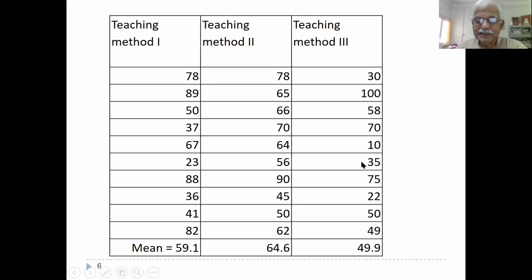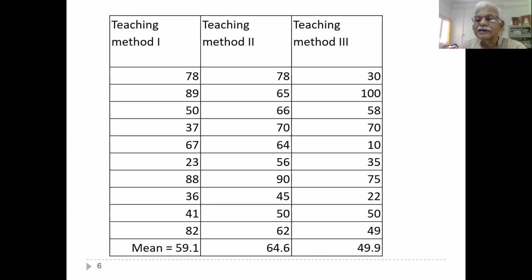Now you see that as such, method 2 leads to the highest score, 64.6. The mean value of these 10 on whom teaching method 2 is used is 64.6, while the mean of teaching method 1 is 59.1 and teaching method 3 it is 49.9, the minimum.